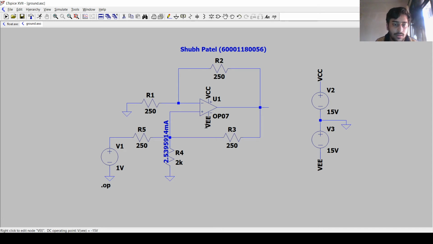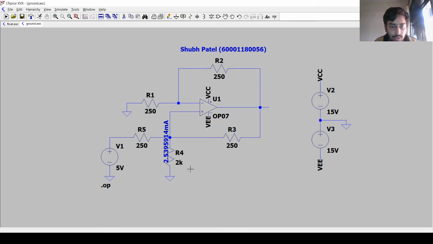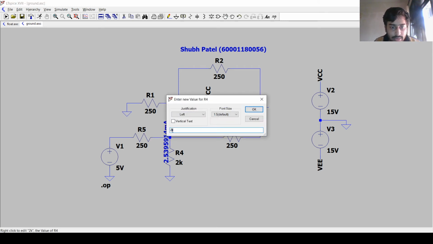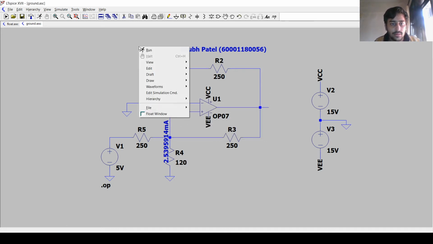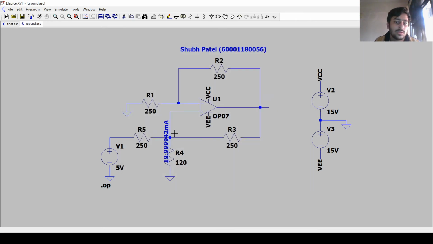Let us check for one more input voltage value. Let's take 5 volt. Let's take 120 ohms again as RL. Now let's see the value. So we are getting 20 milliamperes for 5 volt input and 120 RL value.